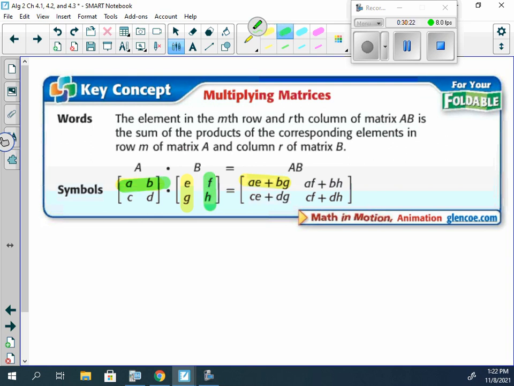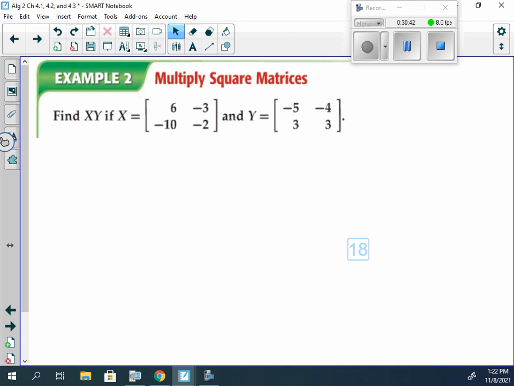And we do it again, over and down, which gives us the second. Again, we go over and down, over and down, and we repeat this process for however many elements, doing the same thing to multiply. Now this will make more sense when we look at it. So we're going to multiply x and y.